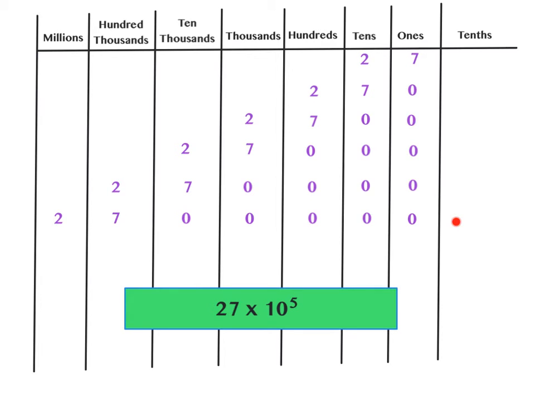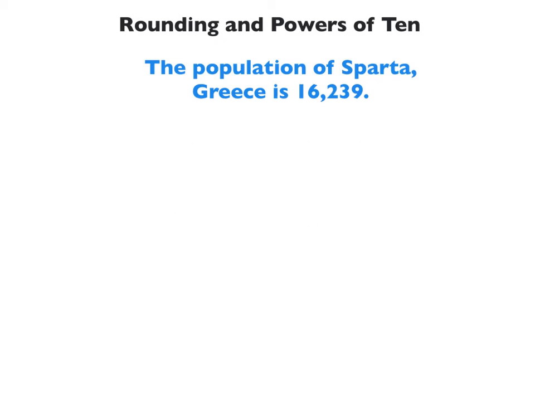And finally, 27 times 10 to the 5th is 2,700,000 people.